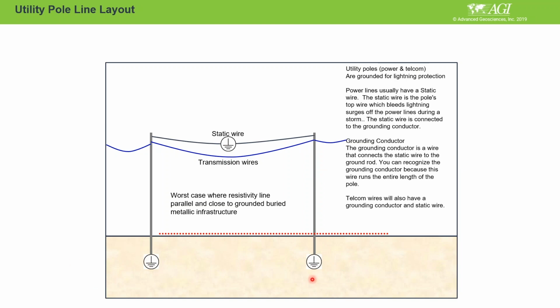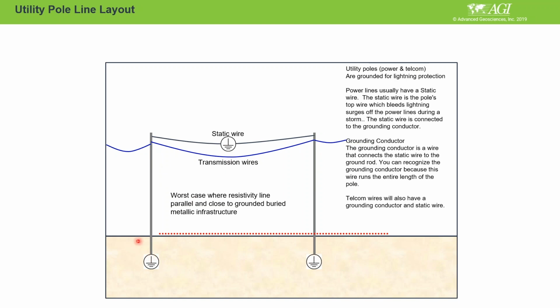Sometimes before installation there is no electricity on the wires. But if you're checking the installed grounding grid or grounding conditions, there is power transmission. There's already a static wire, and this static wire comes into the ground to drain overvoltages.